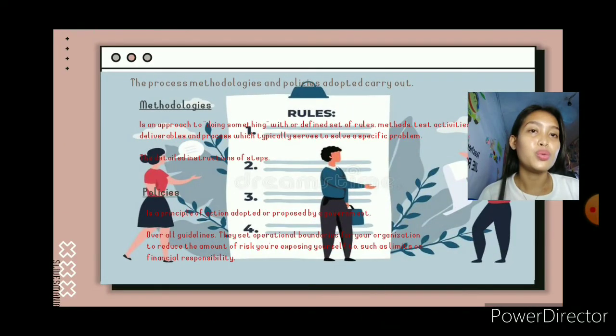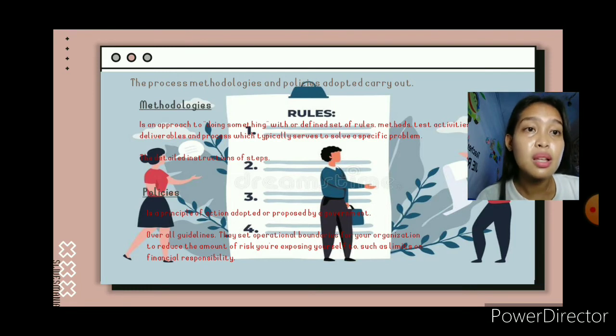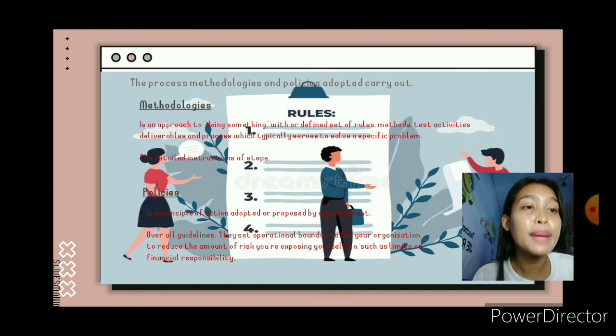So we are now moving on to the processes and methodologies adapted to carry out. Methodologies are an approach to doing something with a defined set of rules, methods, task activities, deliverables, and processes which typically serve to solve a specific problem. So these methodologies are the detailed instructions of steps.